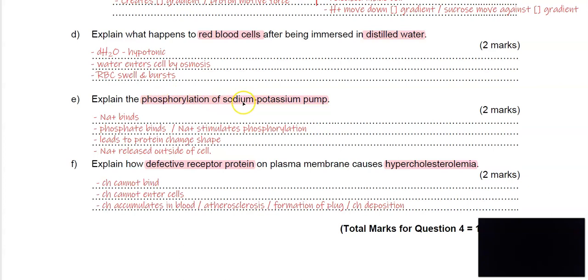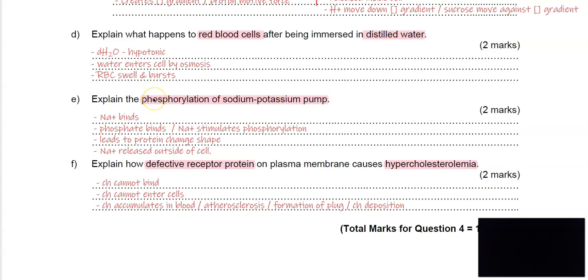And then question E, explain the phosphorylation of sodium potassium pump. For the sodium potassium pump, you need to understand it uses active transport to move 3 sodium out and 2 potassium in. Phosphorylation means a phosphate from the ATP molecule will be attached to the pump and causes the pump to change shape.